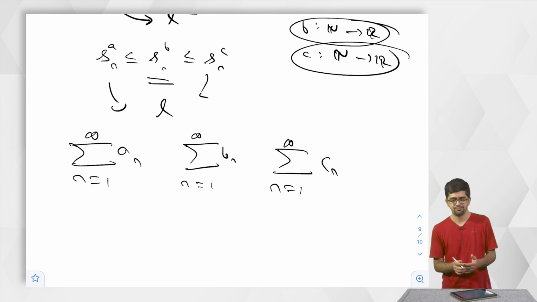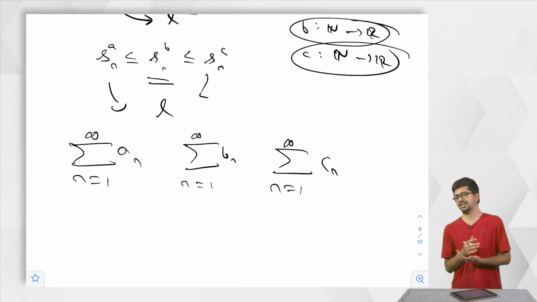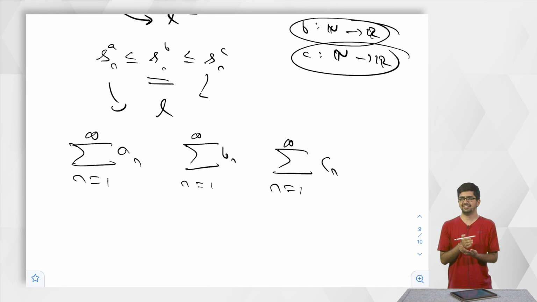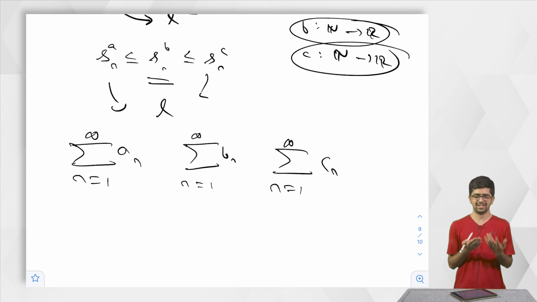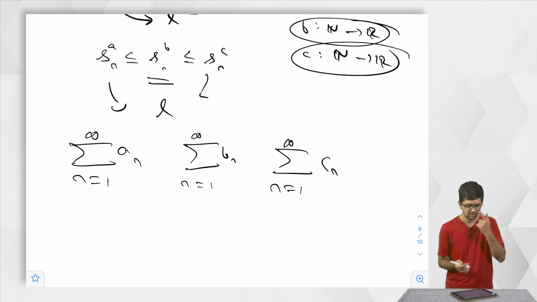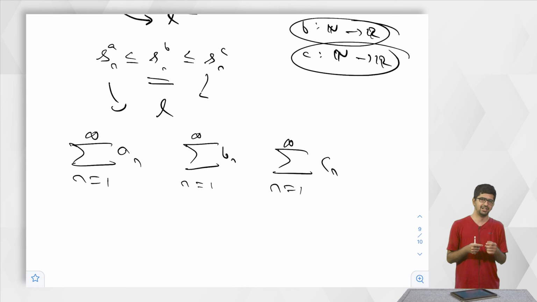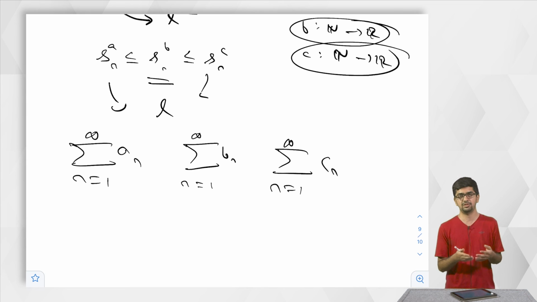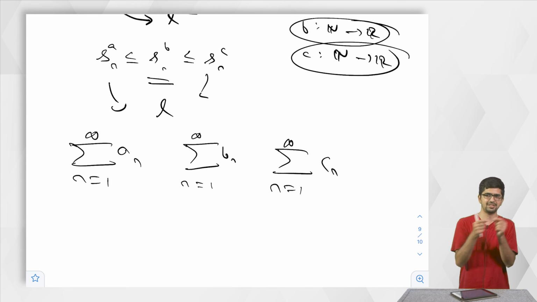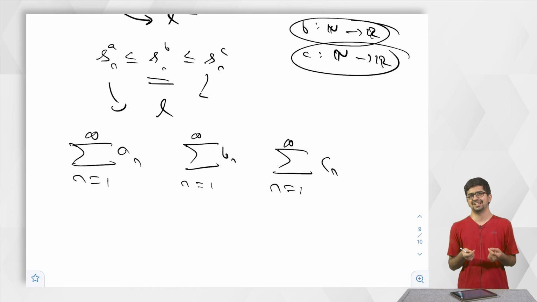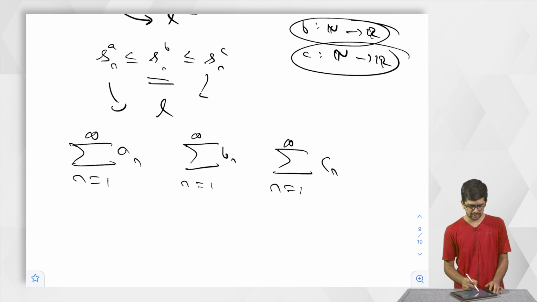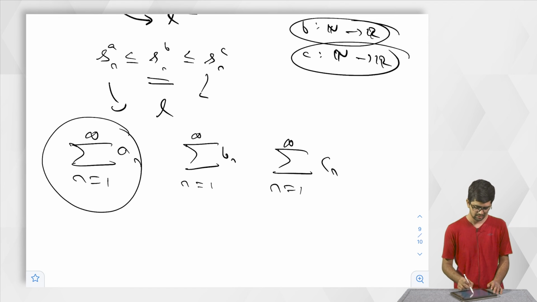So this should tell you something: whatever we know for limits of sequences, and of course a series is the limit of a sequence of partial sums, whatever results we know for limits of sequences, we can just copy paste here, maybe with slight care, and conclude something about the corresponding series convergence.